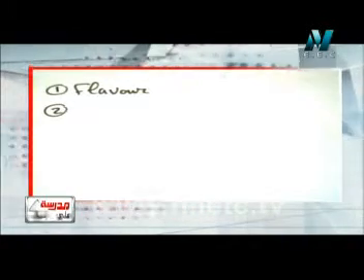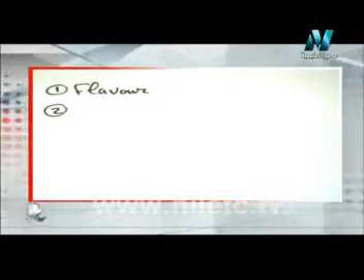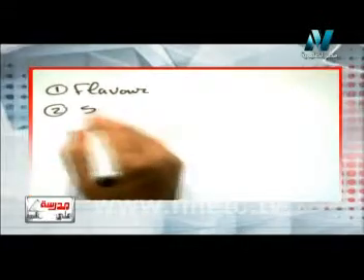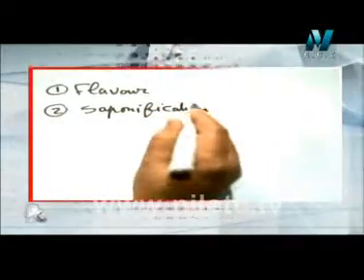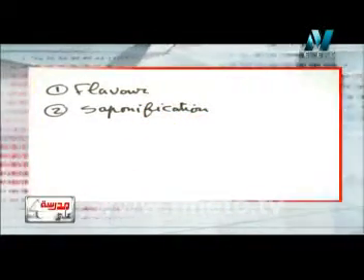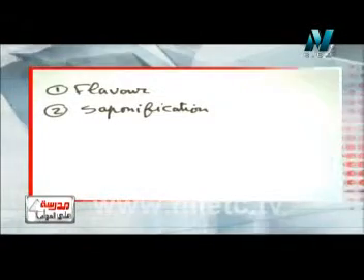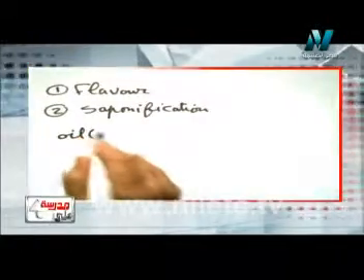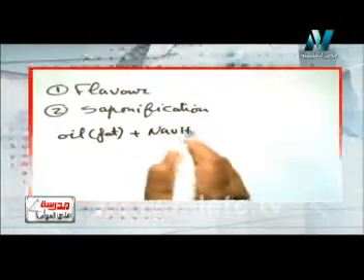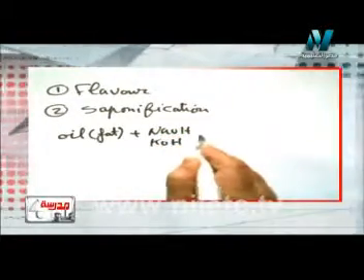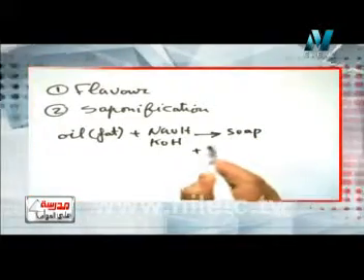Ester is used in making soap, what's called saponification. Saponification is the reaction between oil or fat plus sodium hydroxide or potassium hydroxide to form soap plus glycerol.